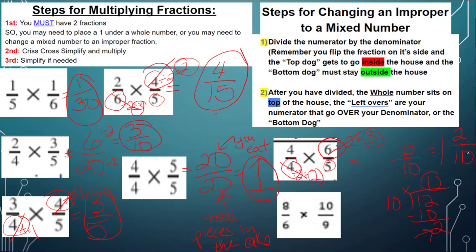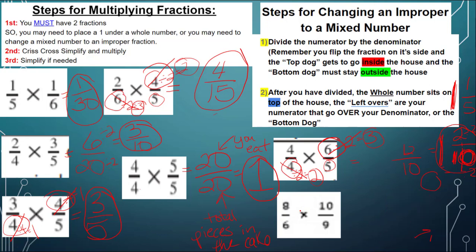Remember, your bottom dog sits outside the house. So it does not change. It is still the denominator. Okay, so your answer is 1 2/10. And we can even simplify that even more and make it 1 whole and 1/5, because both of these can be divided by 2.